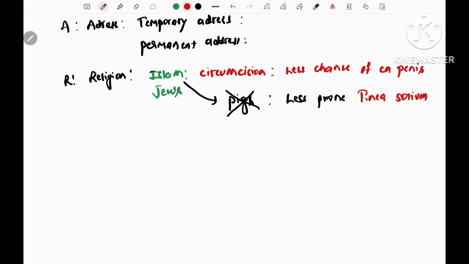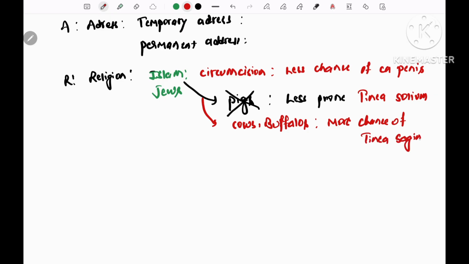And in Islam, there is more practice of eating cows and buffaloes, so there is more chance of Taenia saginata. So one is the pork tapeworm and another is the beef tapeworm.